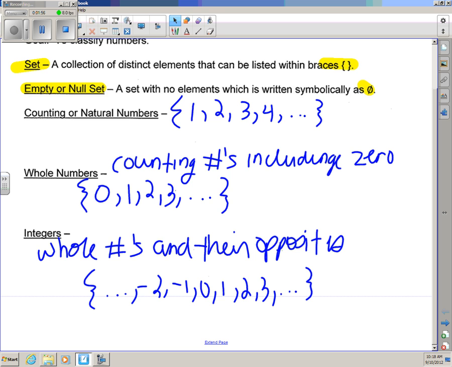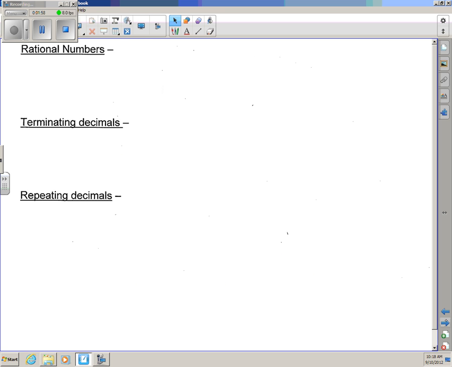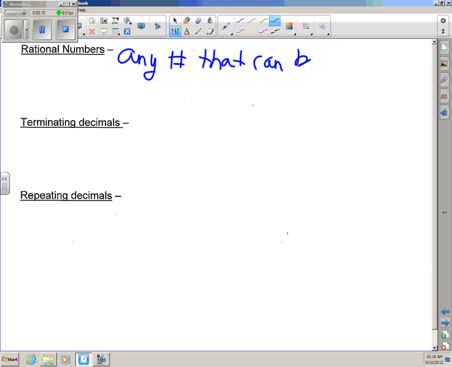Then again, as you get a little bit older, you start talking more about the concept of rational numbers. Rational numbers are any numbers that can be written as a fraction. So terminating decimals and repeating decimals are a part of rational numbers.